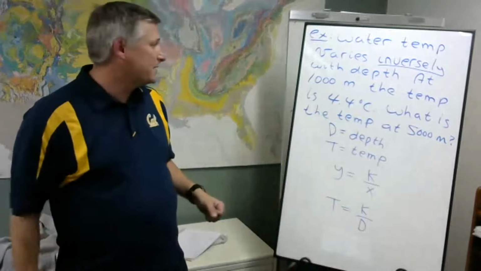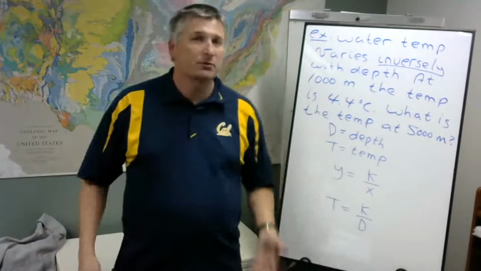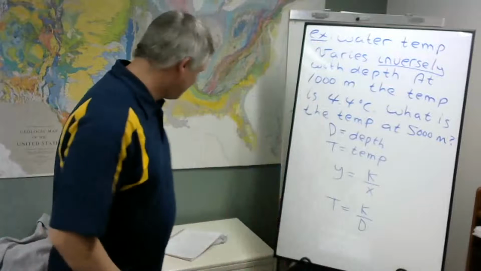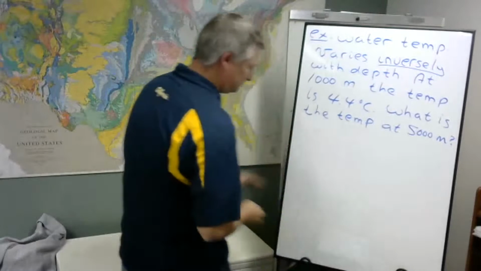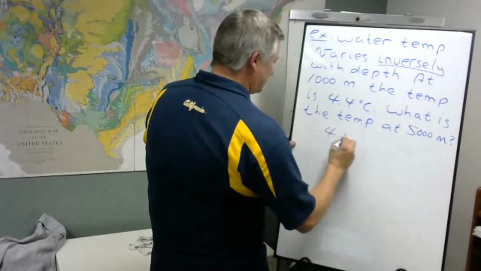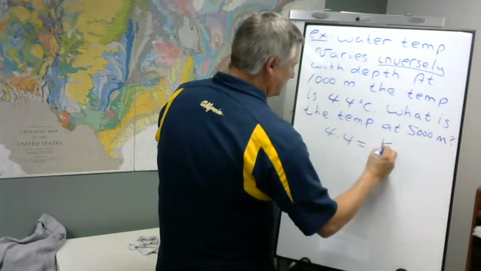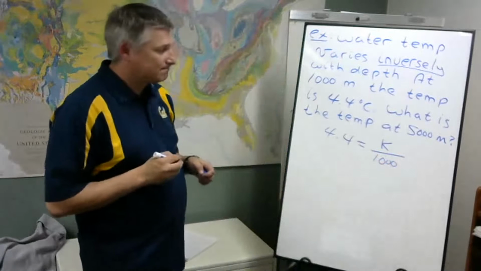And what they gave us was this. At a depth of 1,000 meters, the temperature is 4.4 degrees Celsius. So that means an output of 4.4 is k over a depth of 1,000.